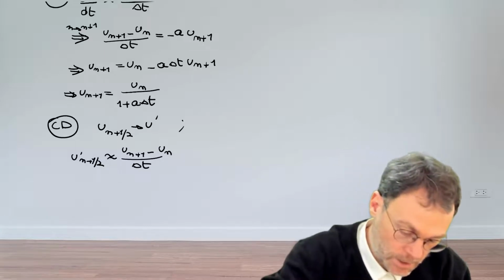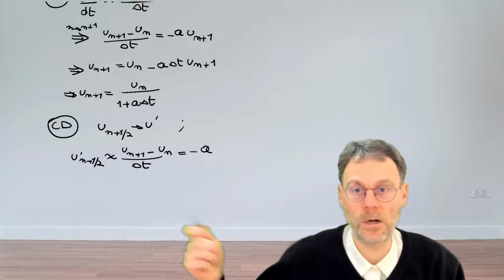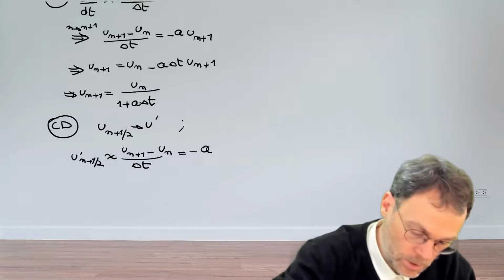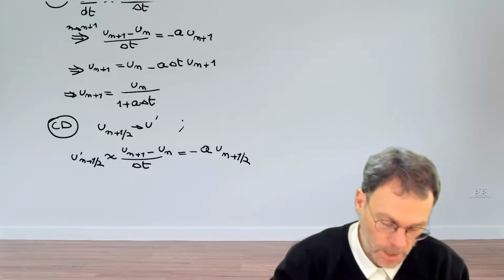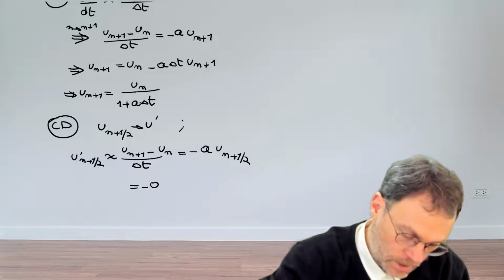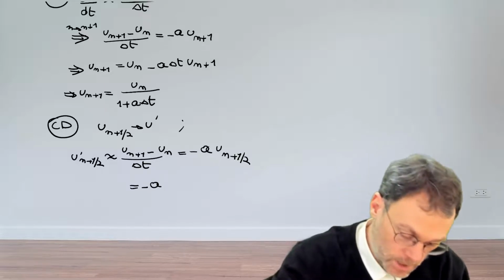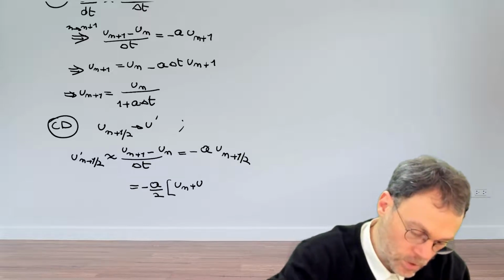For the right hand side, we have minus a, and since we've evaluated our derivative in this point in between, this should be u^(n+1/2). And again, we do not know what u^(n+1/2) is, but we can just say it's the average of u^n and u^(n+1).